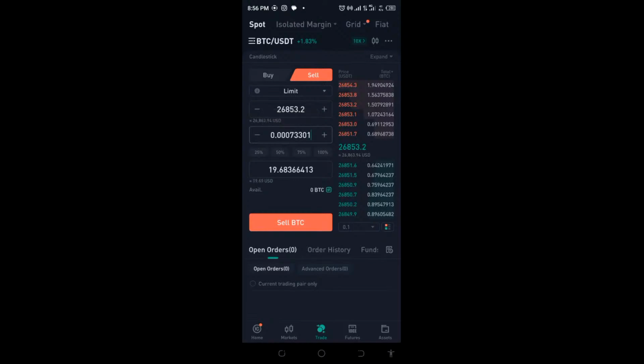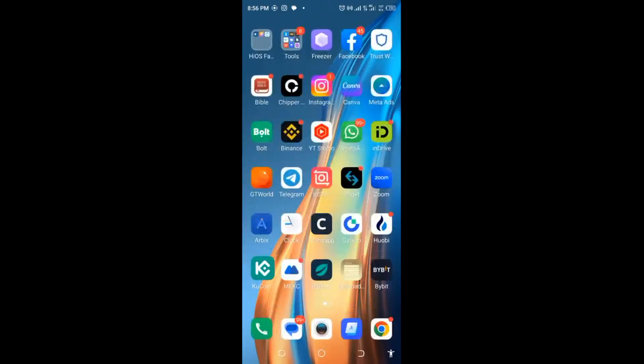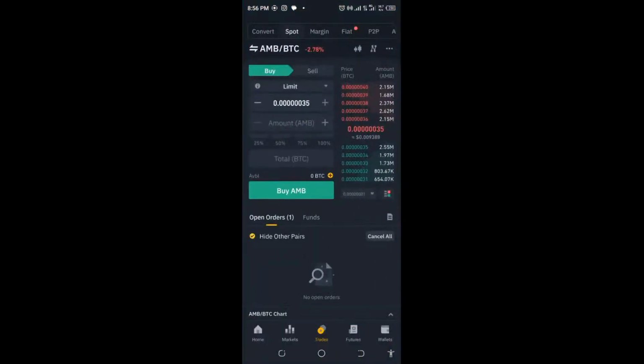Nah, this is 19.68, nowhere near 19.85. So the only option we have is to try and see if we are going to be able to buy the AMB. And if that doesn't work, we'll be forced to sell it back to BTC, and sell the BTC back to USDT. So do we want to try this out?